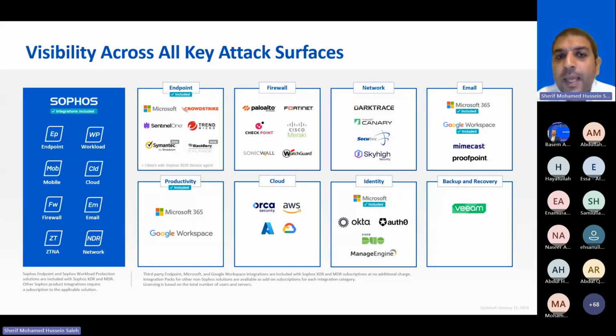Our SOC team can monitor and detect from different types of security vendors, not only Sophos products. We can collect and investigate the logs coming from different types of products. For example, if you have an MDR product which is not Sophos, or backup and recovery VM, we can monitor it on your behalf.